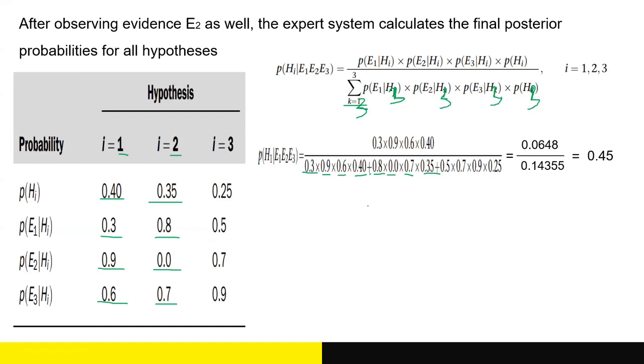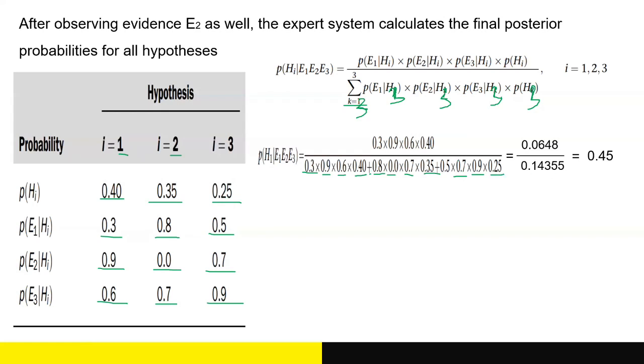So the probability of evidence 1 given hypothesis 3, we have 0.5, and then multiplied by the probability of evidence 2 given hypothesis 3. So we have 0.7, and multiplied by the probability of evidence 3 given hypothesis 3, we have 0.9, and multiplied by the prior probability of hypothesis 3, which is 0.25.